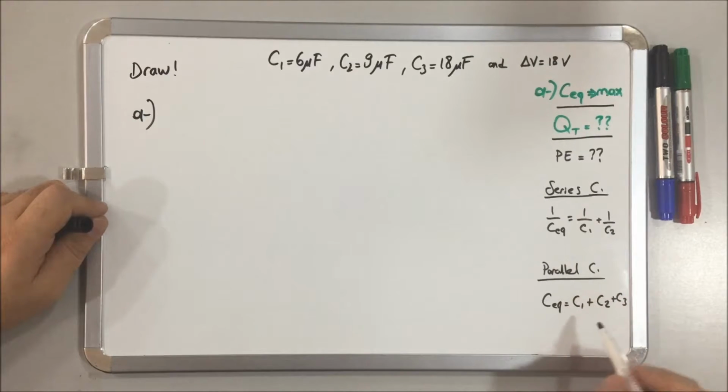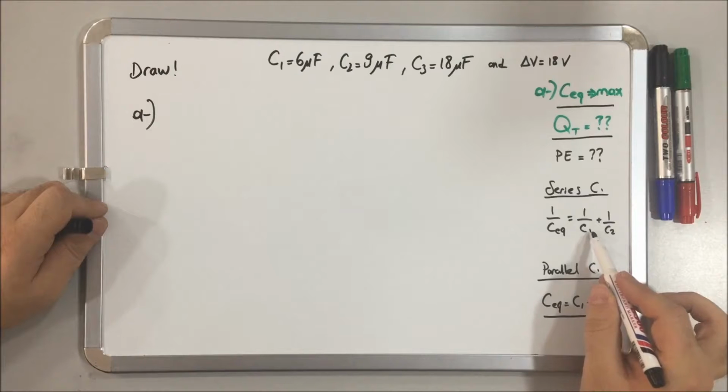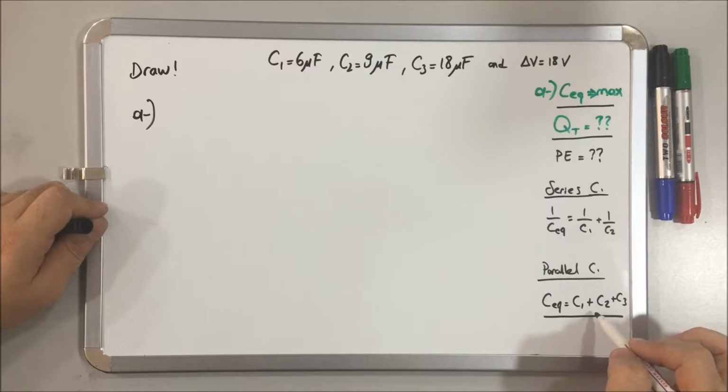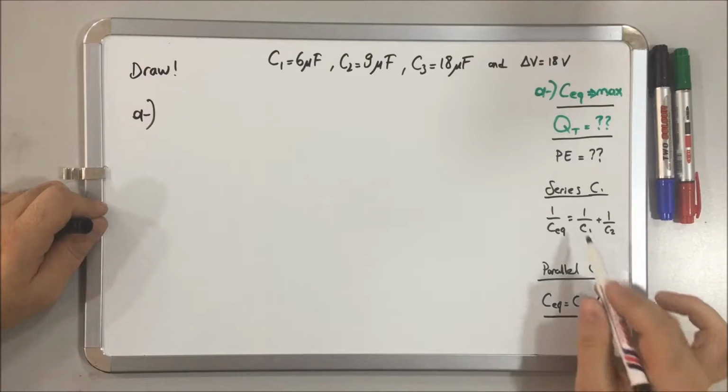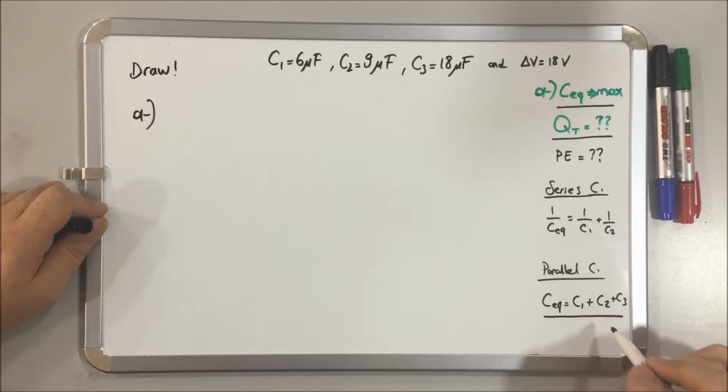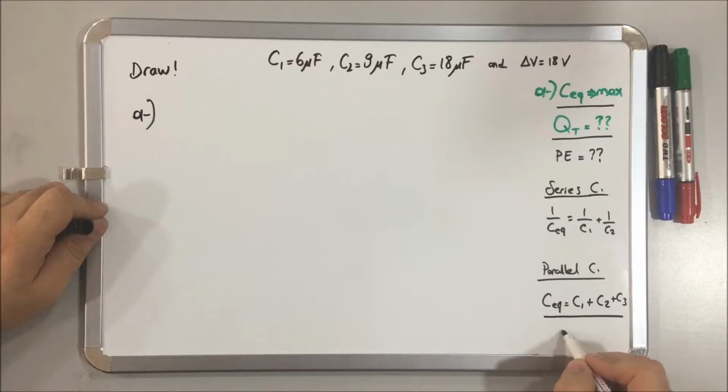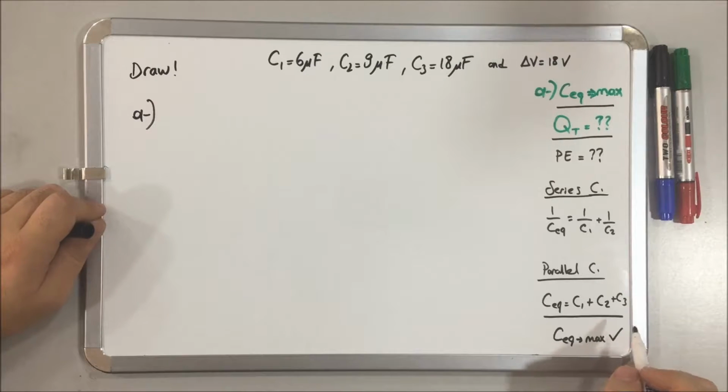In the parallel combination, as you see, this is the sum of them. There is no division and no fraction, there is direct addition, so this sum is going to be more. So for the maximum C equivalent, we have to use the parallel combination formula.